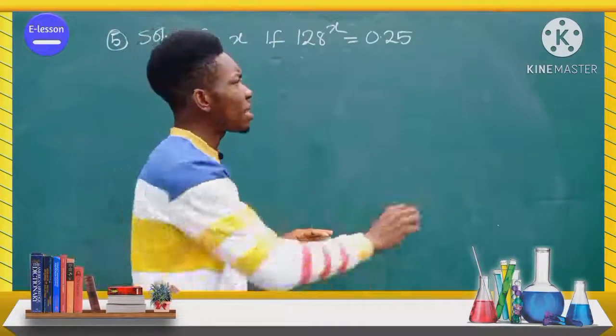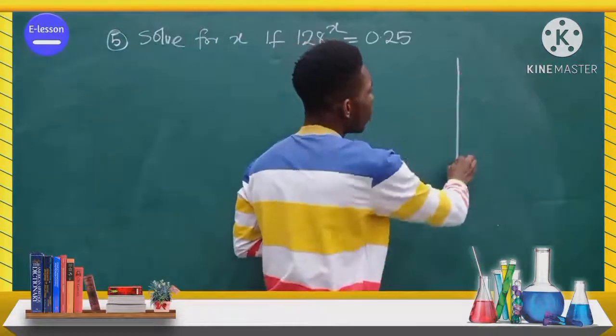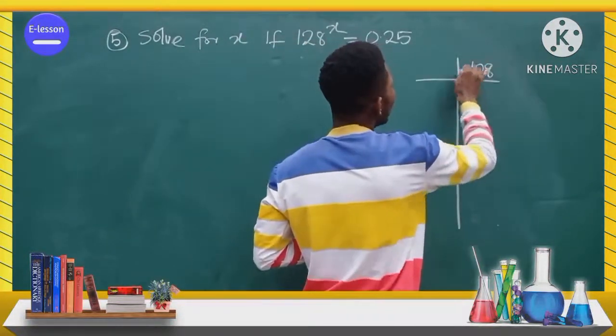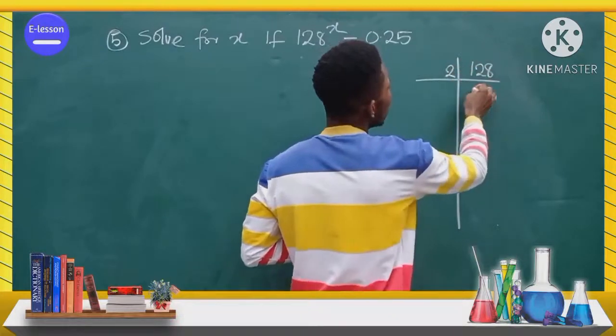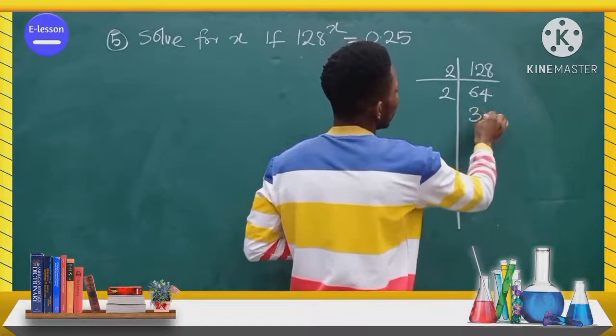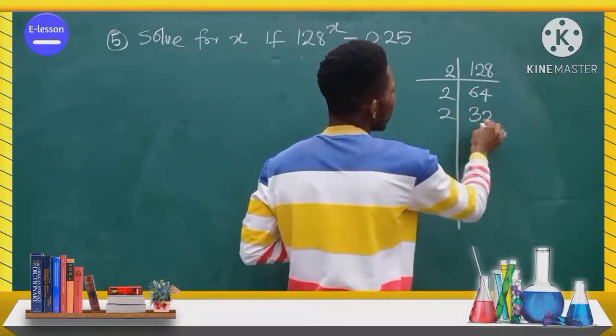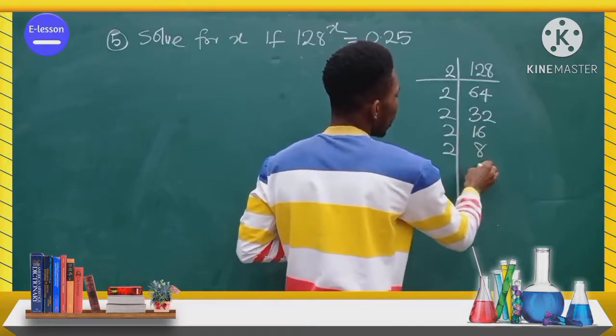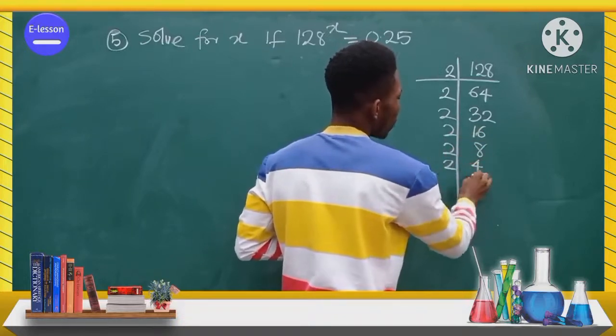First of all, let's do that by looking for the possible factors of 128. Let's go with 2 first. 128 divided by 2 is 64. 64 divided by 2 is 32. 32 divided by 2 is 16. 16 divided by 2 is 8. 8 divided by 2 is 4. 4 divided by 2 is 2.